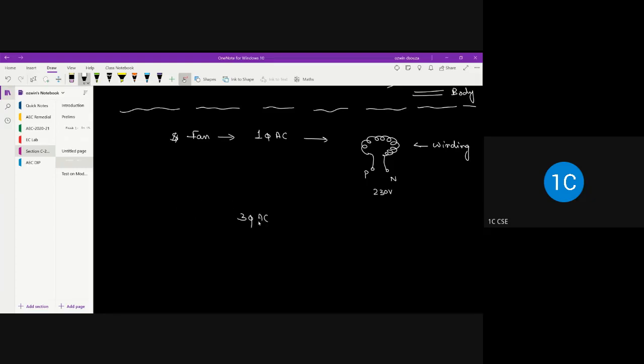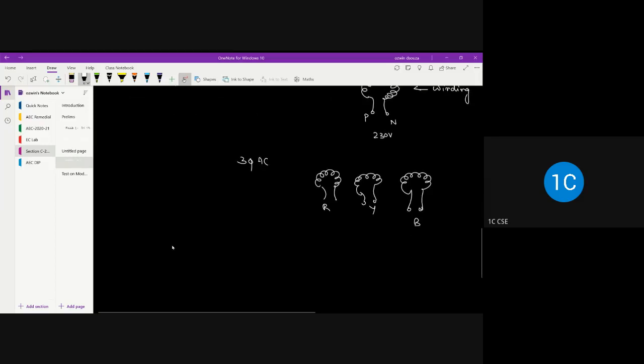So you will have a separate coil for Y, and a separate coil for B as well. 3 conductors. On the other hand, if you want to produce two-phase AC, you're going to use 2 conductors. So let's say the voltage is V1 across conductor 1 and voltage is V2 across conductor 2.